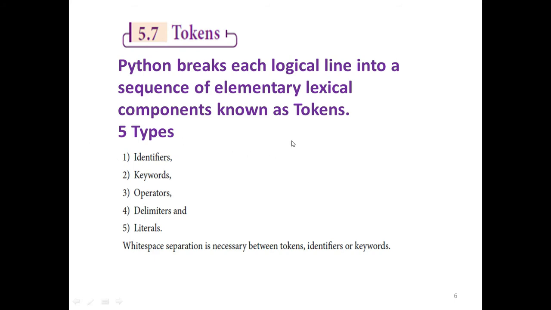The 5 types of tokens are identifiers, variable, keyword, operator, delimiter and literals. White space separation is necessary between tokens, identifiers and keywords. It means whenever you write the program, white space can be given. We should elaborately learn identifiers, keywords, operators, delimiters and literals one by one.